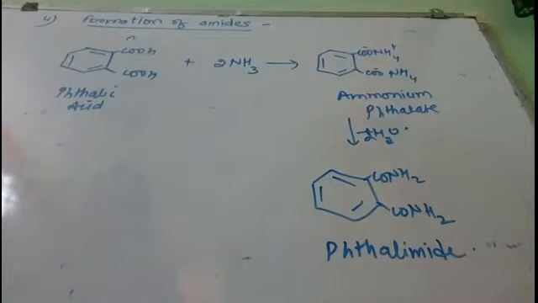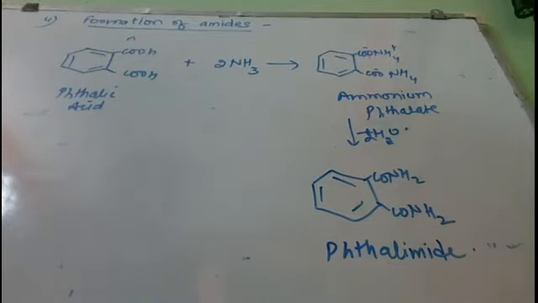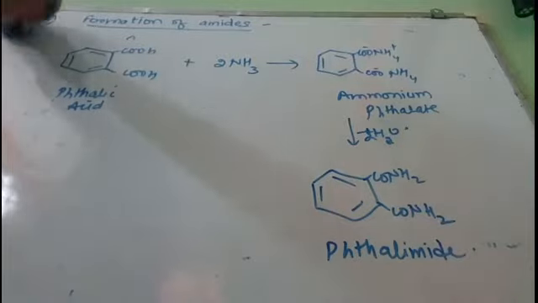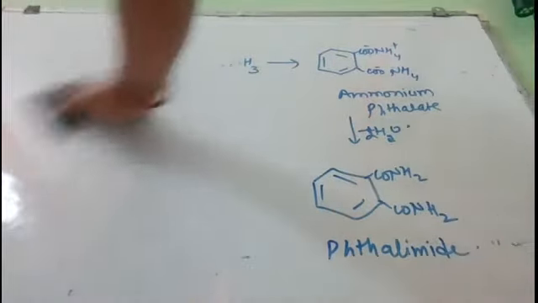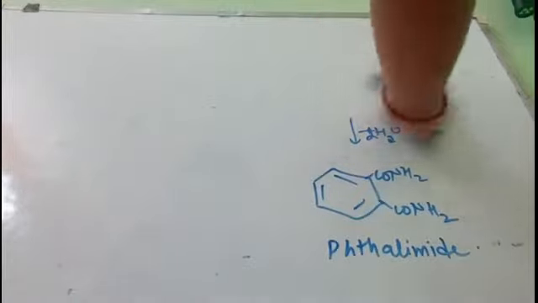Now these are the reactions in which we are involving the OH group. The OH bond is broken, that is the bond between carbon and OH, that is hydroxyl group. Now we will study some reactions in which the complete carboxylic group is involved. That is the third type of reaction. The first type of reaction is one in which the OH bond is broken.